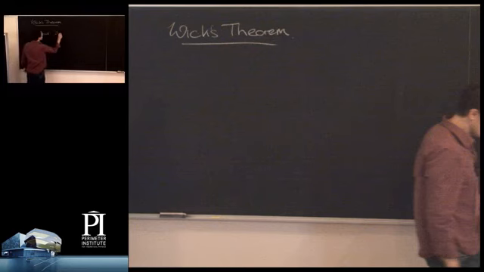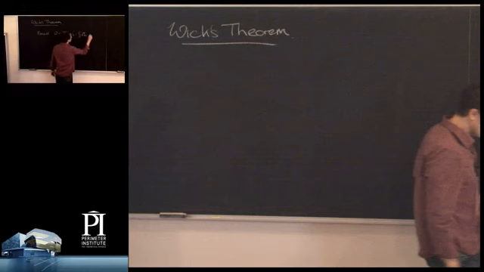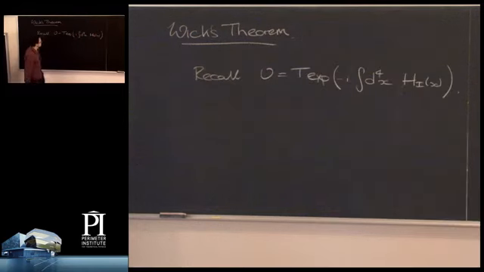The unitary operator that leads to time evolution in the interaction picture is the time-ordered exponential of this object, the interaction Hamiltonian in the interaction picture.